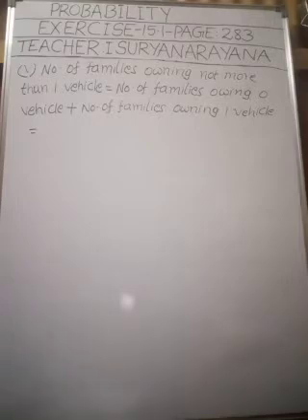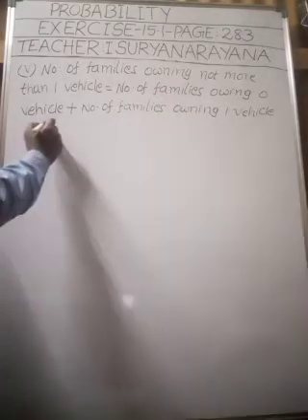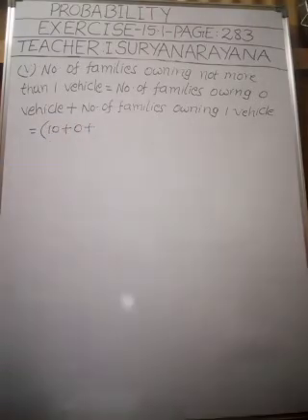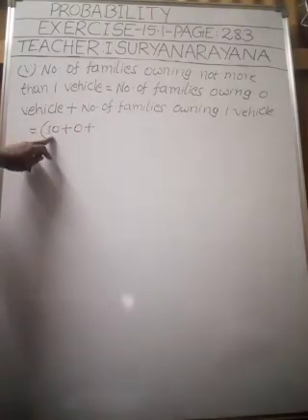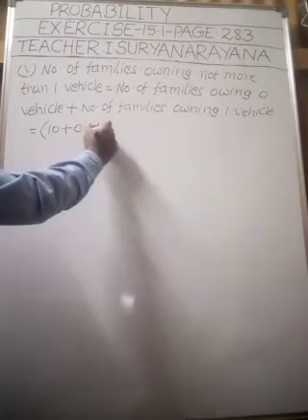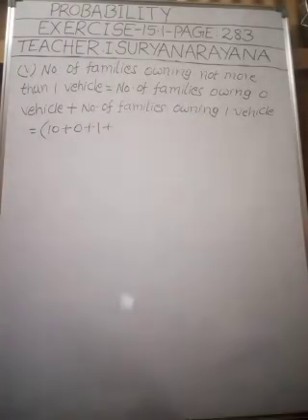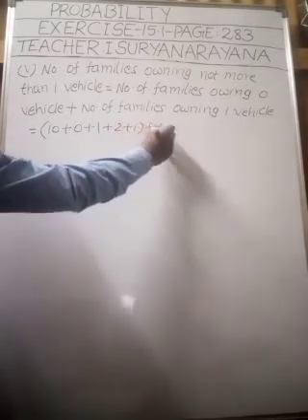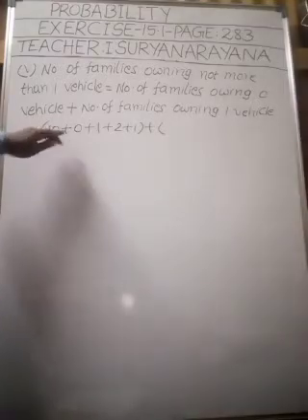Observe the table, my children. How many families are owning zero vehicle? Yes, 10 plus 0. 10 families are owning zero vehicle. In that column, see the column. 10 plus 0 plus 1 plus 2 plus 1. All these families do not have any vehicle.